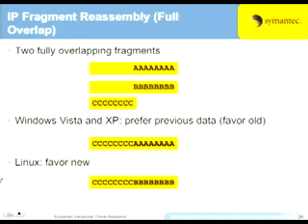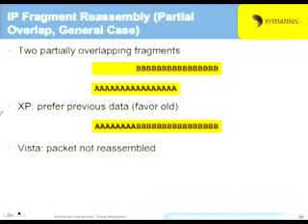Here's one example. You've got 2 fully overlapping fragments, A then B. And in this case, XP and Vista will both prefer the old data, whereas Linux will prefer the new data. However, in a more general case, when there's partial overlap, the fragments don't line up neatly.